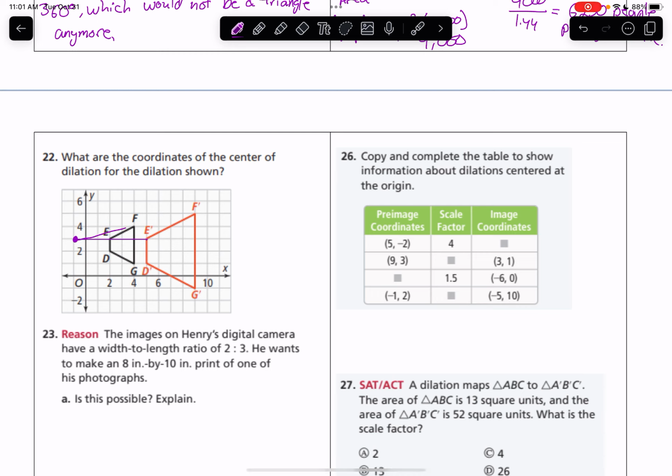For example, if I go from that point to F, I can see that the distance from this point to F is up 1 over 5. The distance from F to F prime is up 1 over 5. So that would be a 2 times scale factor. So that coordinate point that we can say is the center of dilation is -1, 3.